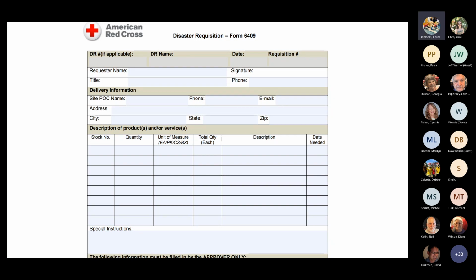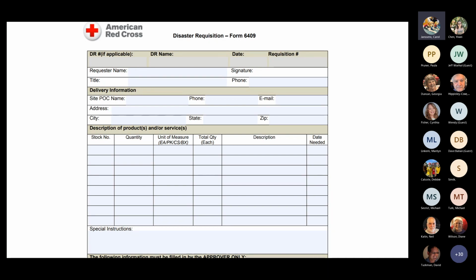When you're ordering supplies, we want to keep track of them, not wait till you're out, because logistics may take a couple of days to fill your orders. So we want to get those orders in as soon as we know we have a need, whether it is for more cots or blankets, comfort kits, or whether you need diapers, or snacks for the shelter.